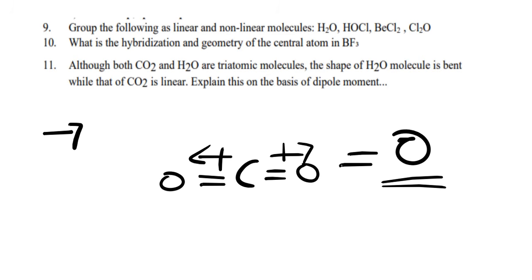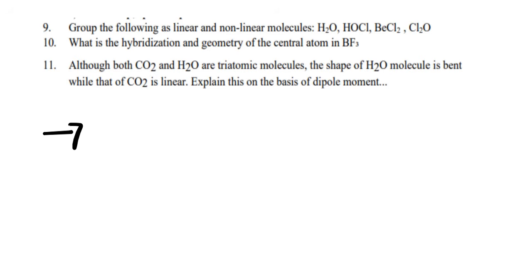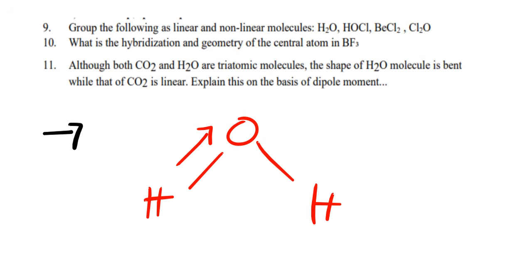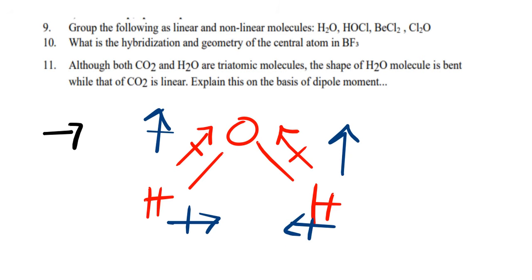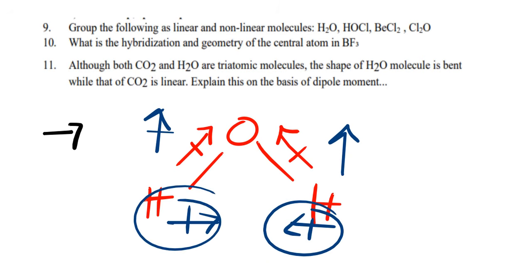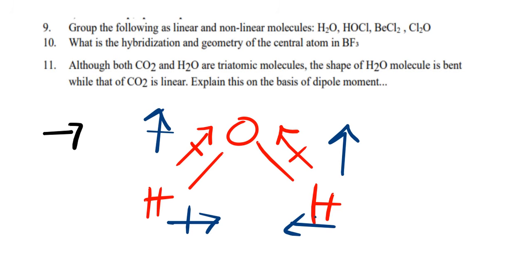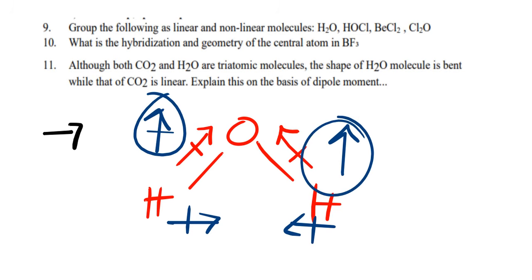But when you look at water itself, we said this is your oxygen, these are your hydrogens. Oxygen is pulling electrons in this side towards itself, so the dipole will be going in that direction. But now if you are going to do your vectors, if you are going to do the components for this dipole, x and y, and you come to the other dipole, the y component and the x component. These ones, because they are going this direction, are going to cancel out each other. But these ones, the fact that they are going up, are going to add up.